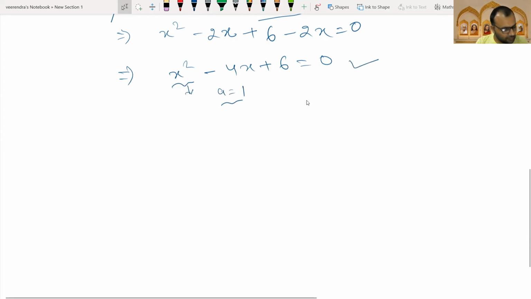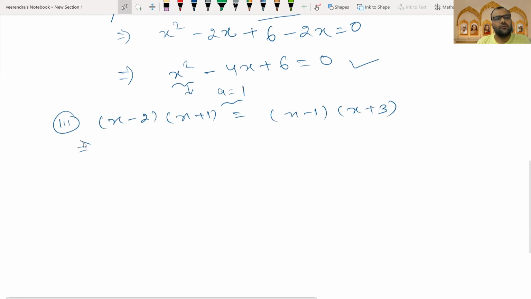We will try one more example. Suppose we have x minus 2 into x plus 1 is equal to x minus 1 into x plus 3. In this kind of problem, first we will solve the left hand side and the right hand side, and then we will solve it. After multiplication, first we multiply with x, it will come x square.